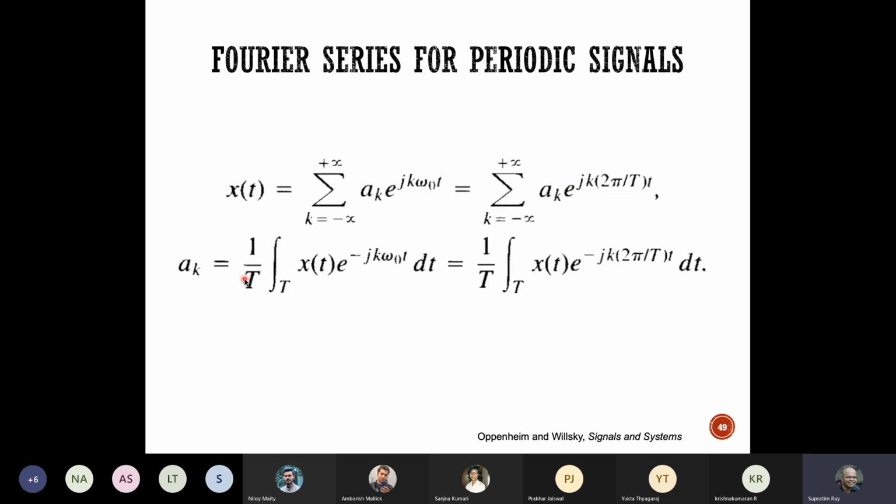There are some extra conditions that xt needs to satisfy in order for this stuff to work. Okay, so in other words, you can come up with an xt for which even if you get these AKs using this formula, when you try to resynthesize this back, it may not turn out to be this. Okay, so this is more complex stuff that I'm skipping for this course.